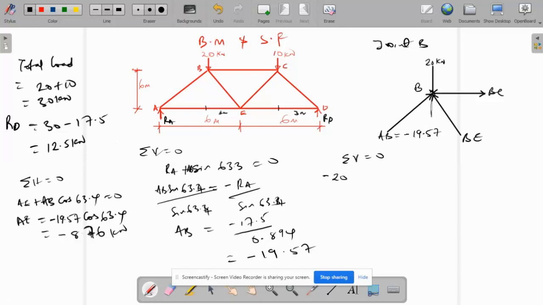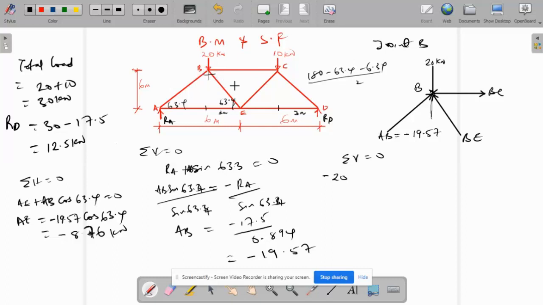If at this point what we had is 63.4, so the other end will be 63.4, here is 63.4. Then the balance of what we have here, we're going to share into 2. So we have 180 minus 63.4 minus 63.4, divided by 2. That will be the angle we have here, which we need to resolve to.